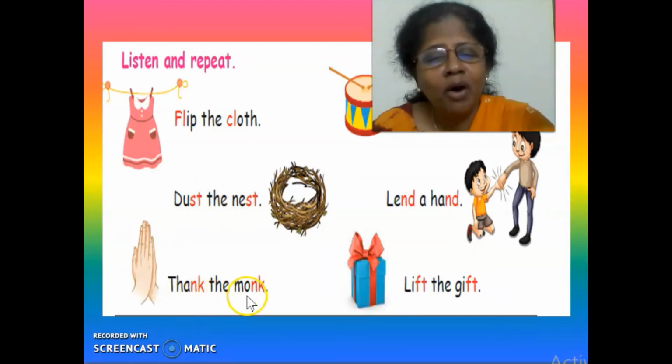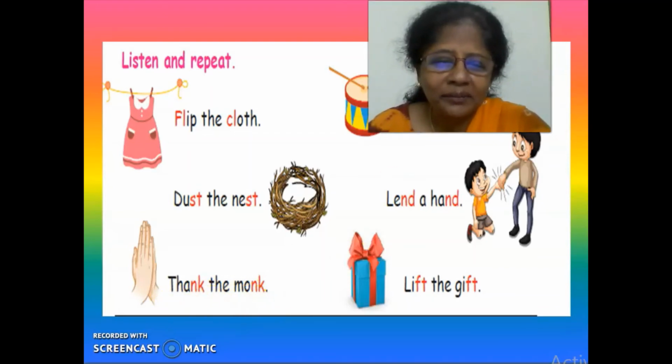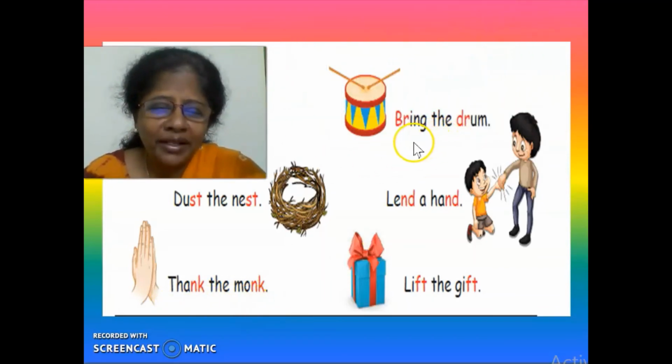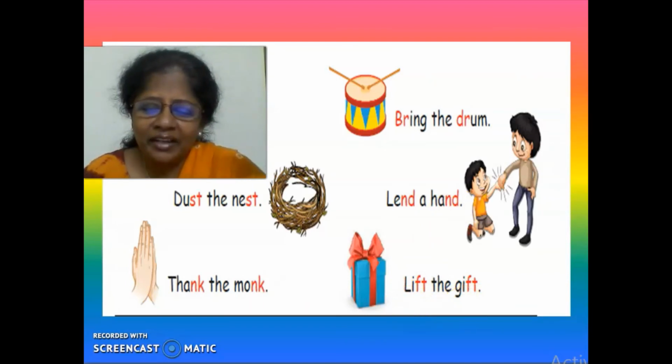Thank the monk. Bring the drum. Lend a hand. Lift the gift. Did you get it all correct?